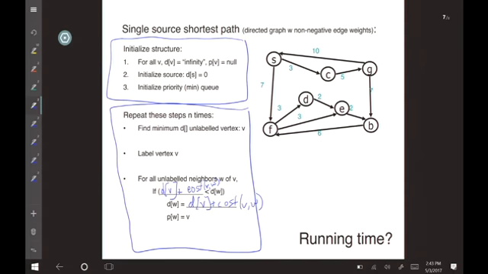Okay, yeah? Yep. So the question is, pointing out the distinction between undirected graphs for Prim's algorithm and directed graphs for shortest path. And what I'll remind you is that an undirected graph is a directed graph, right, with edges in both directions.